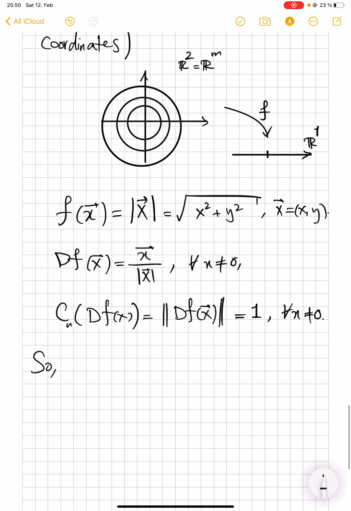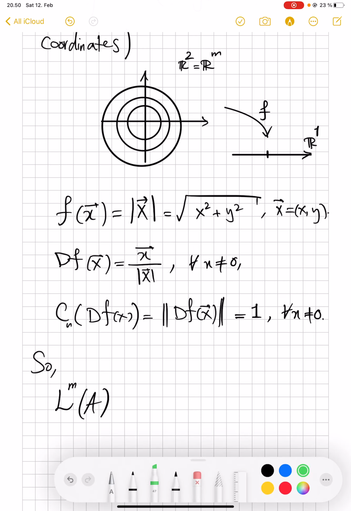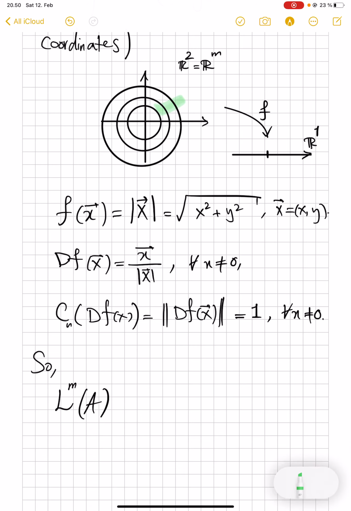So by the Coarea formula, the Lebesgue measure of a measurable set, so here we're talking about any set A like this, is the integral of the Coarea factor. It's equal to the integral of 1, because the Coarea factor is equal to 1.